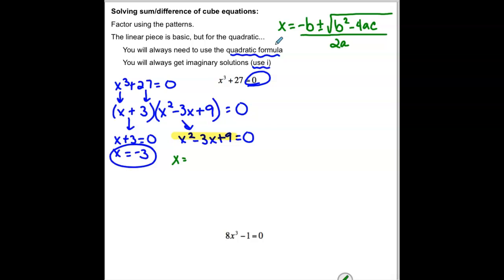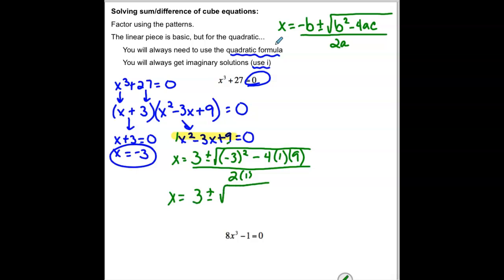We want the opposite of negative 3, so positive 3, plus and minus the square root. Our b was negative 3, we have to square that, minus 4 times our a value, which is a 1, and our c value, which is a 9. And we're dividing the whole thing by 2 times our a value. So we have x equals 3 plus minus our whole piece under that square root, all divided by a 2.